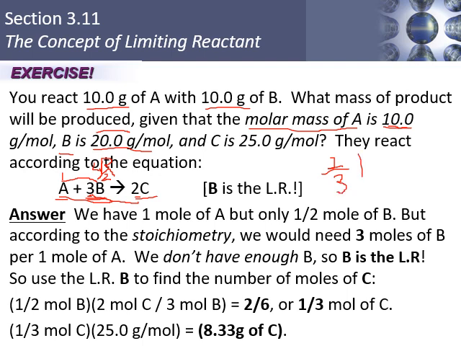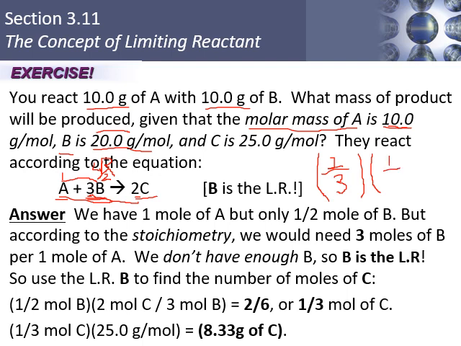This is not difficult, okay? It's just looking at the numbers and just getting the relationship right. For every B that we have, we can only make 2/3 of a C. So to figure out how much C we can make, we multiply 2/3 times however many moles we have of B, but we already said we have 1/2 a mole.